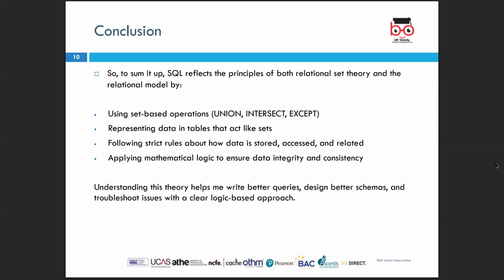So to summarize, SQL reflects principles of both relational set theory and the relational model, by using set-based operations, union, intersect, and except, representing data in tables that act like sets, following strict rules about how data is stored, accessed, and related, and applying mathematical logic to ensure data integrity and consistency.